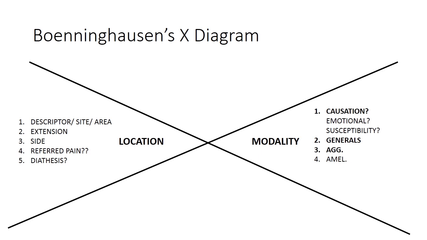Susceptibility is another important thing. Is the person more susceptible in winter or in summer? Then of course we have generals, which describe all kinds of modalities including time, location, thermal conditions, etc. What aggravates and what ameliorates, and as we have seen in another video, aggravations are more important than ameliorations.